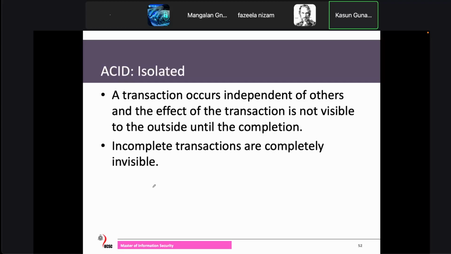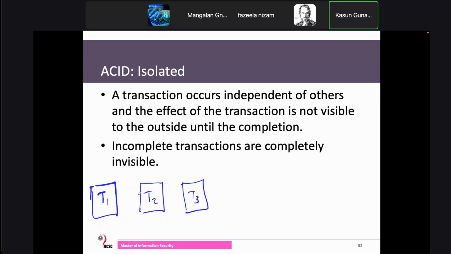What isolation means is, when we are running several transactions concurrently, this is T1, this is T2, this is T3, right? I said that intermediate results within these transactions should not be visible to the outside, right? This is a single logical unit. That is why we call it atomic.